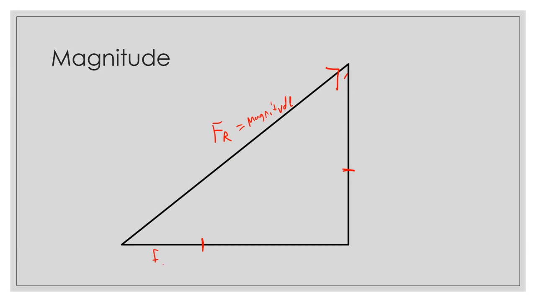If you have a small force in the X direction and another force going in the X direction, when you add them up, that will give you a big force in the X direction. Now let's do it for the Y. If you have a force in the Y going up and another force going up in the Y, and you add them together, that will give you a big force in the Y.